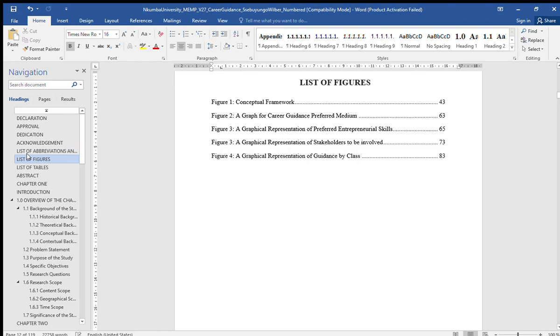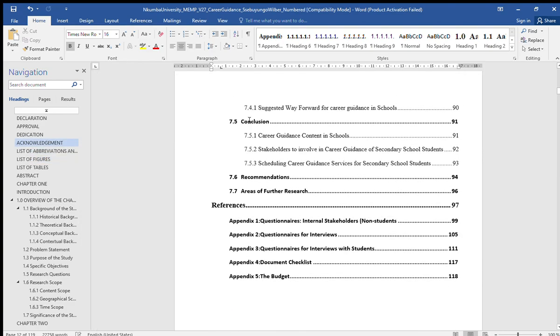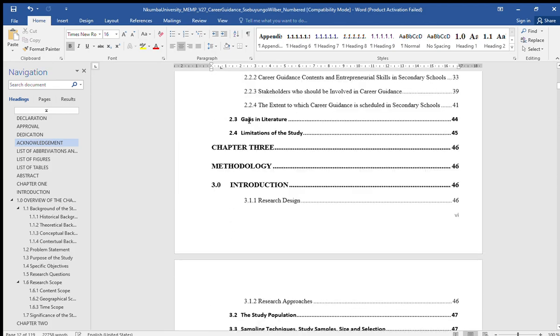Something you need to note also in the preliminary pages is that you need to have a table of contents.